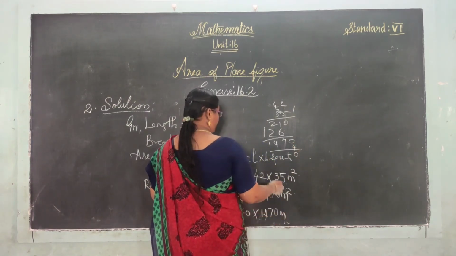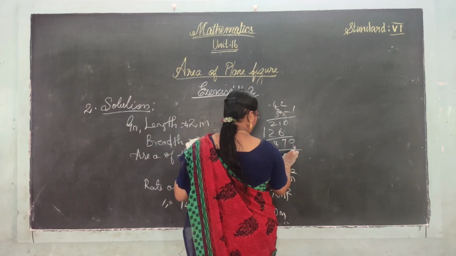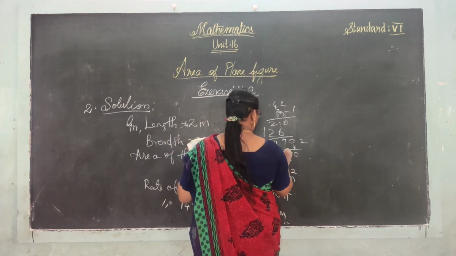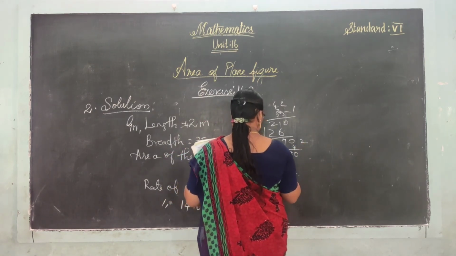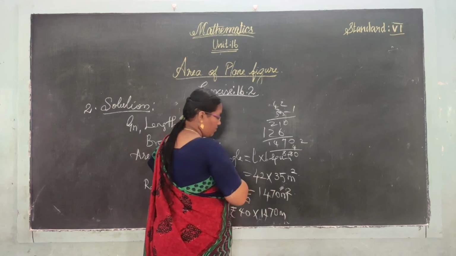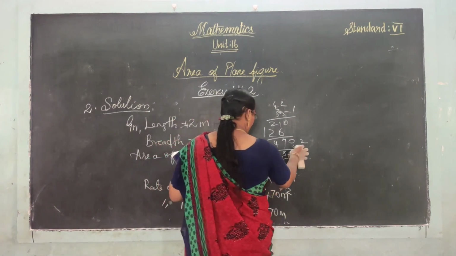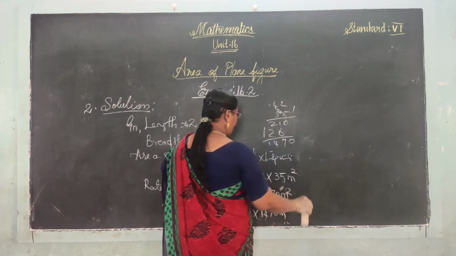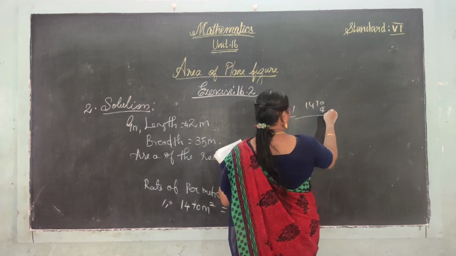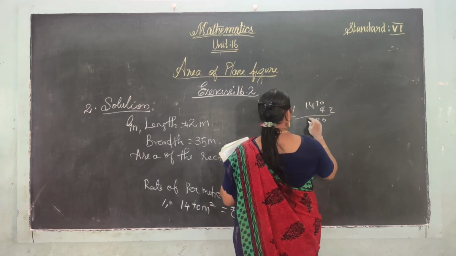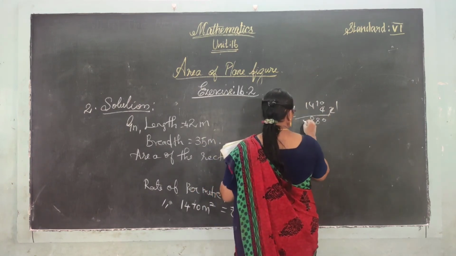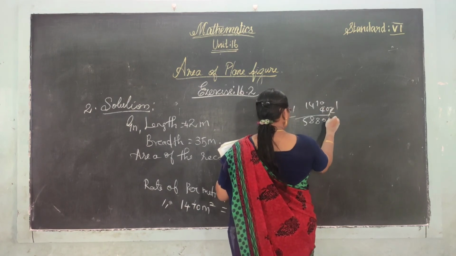0, 0, 8, 2, 16, 18, 1, 4 plus 1, 5. Okay, already one zero is added here.